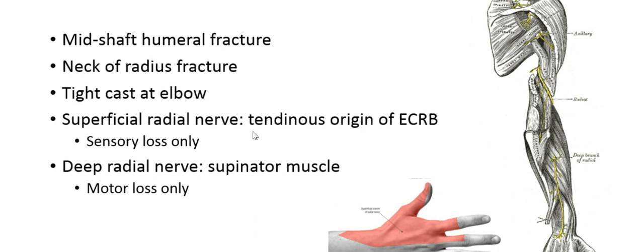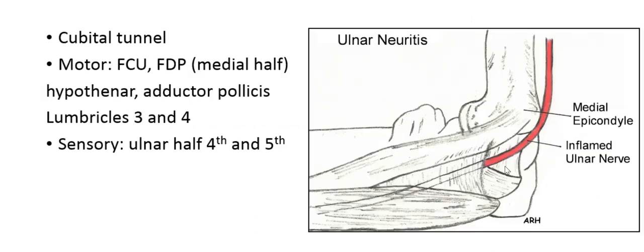The radial side of the hand, dorsum, and the anatomical snuff box is where you see sensation loss. If the entrapment site is at the supinator here, at the deep branch at the supinator, then all you're going to see is just motor loss of these finger and wrist extensors that are innervated distal to the supinator.